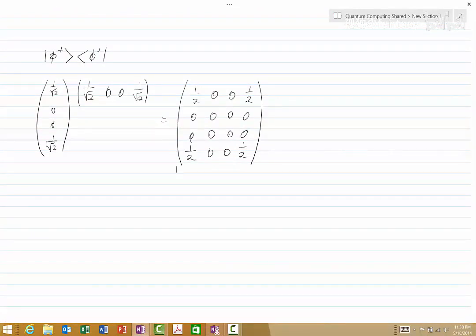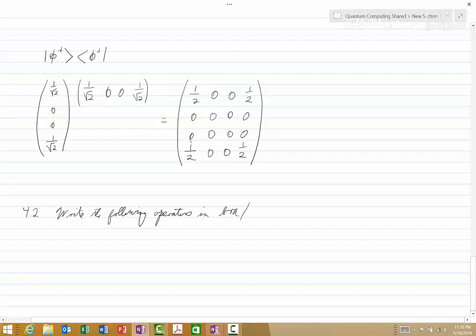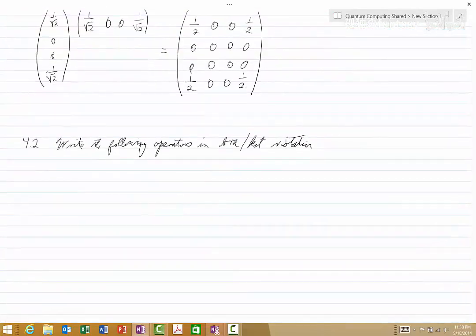The directions for exercise 4.2 are: write the following operators in bracket notation. So let's do a couple of these as well, and then we'll look at some problems for this section.